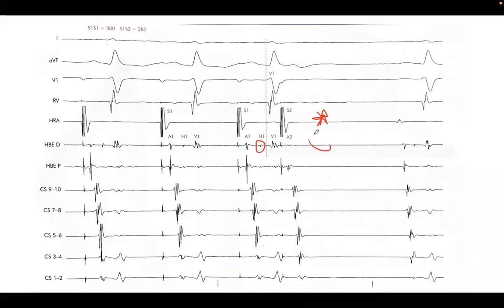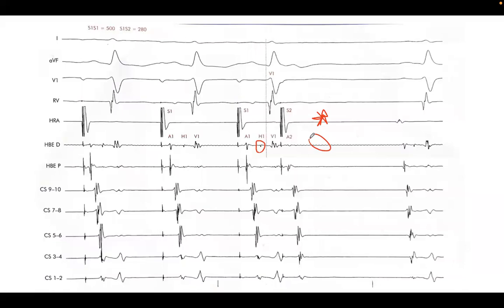So the block is above the His or below the His? We're pacing A, so above. Above, which is normal physiology when you block above the His. But if you block below the His, that usually signifies disease of the His-Purkinje system, which is not normal. When you block above the His, that's a benign finding.